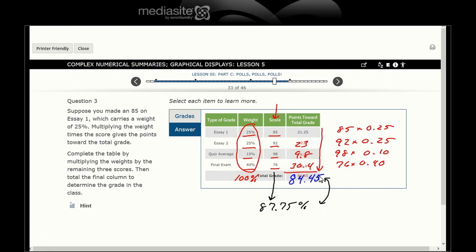Well, in this 87.75, this 98 basically carried as much weight as the 76. But with a weighted grade, this 98 carried a lot less weight than the final exam did, a 9.8 versus 30.4. We gave each score a relative value to the overall.